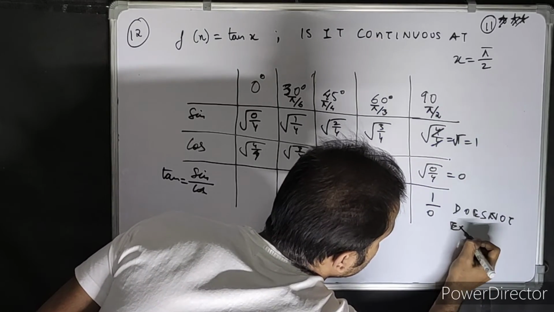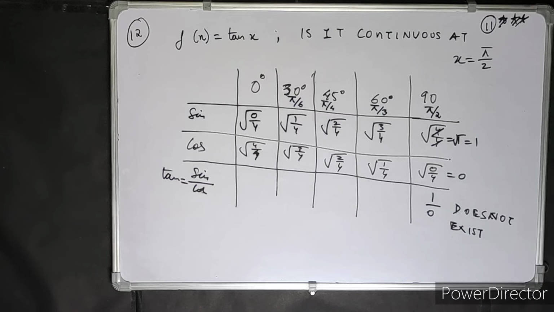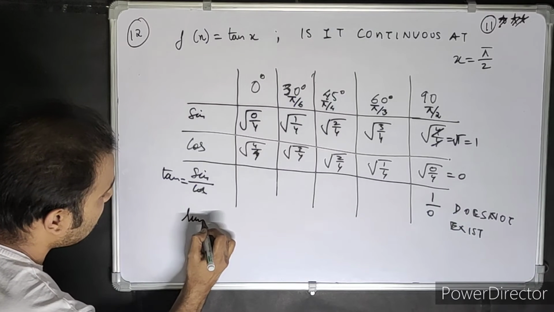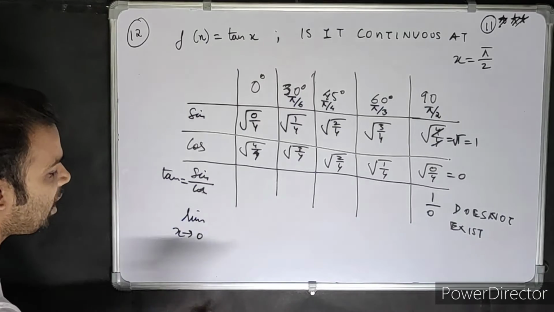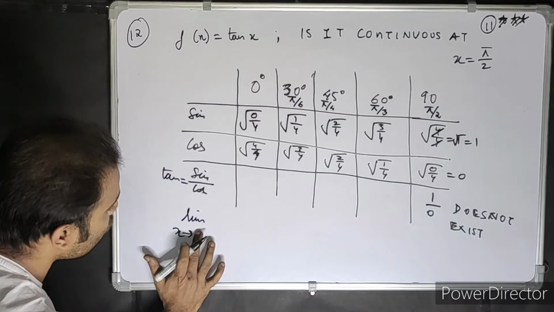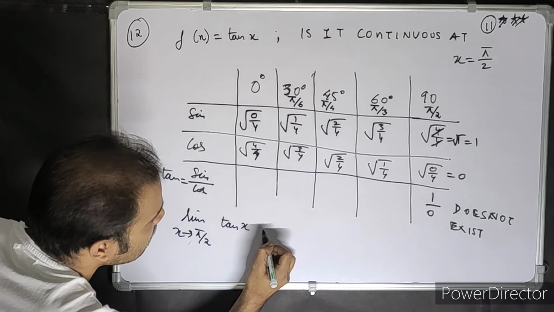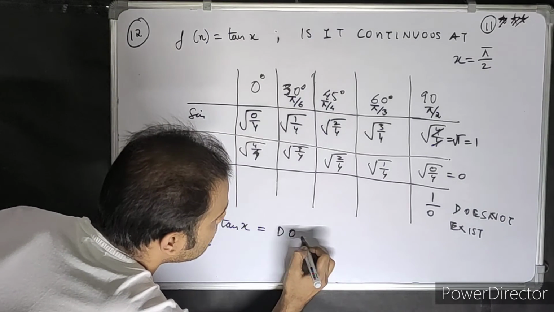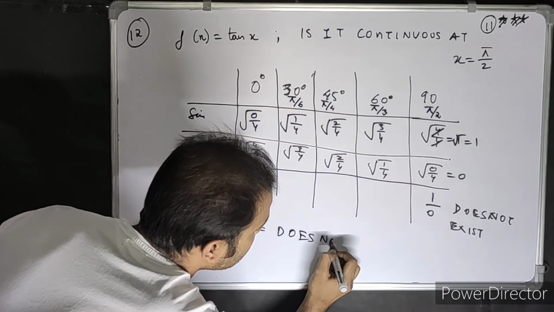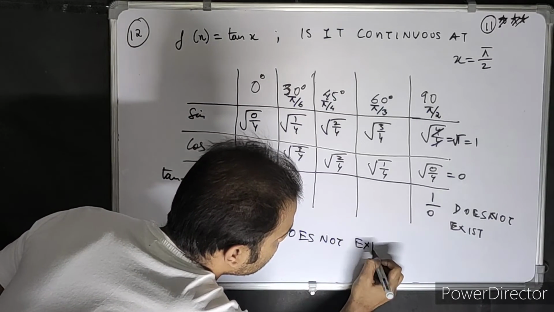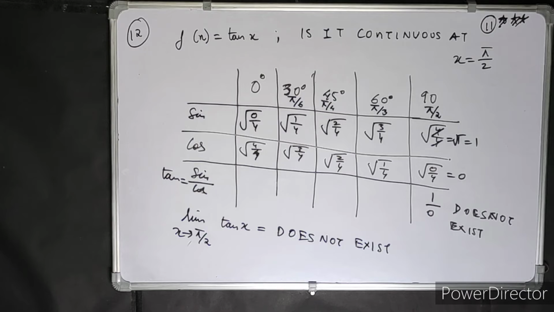Does not exist. Hence, what will you write? Limit x tends to pi by 2 minus and plus, tan x is equal to does not exist. Finished. That's it.